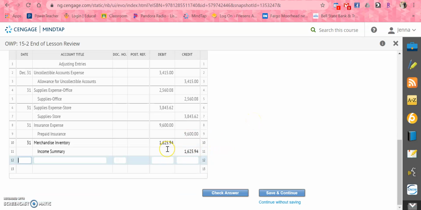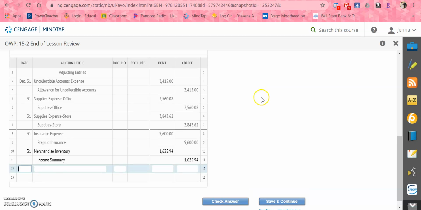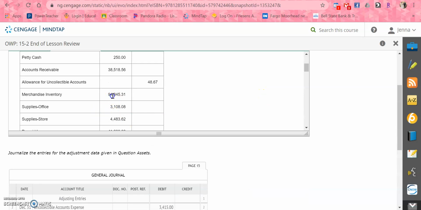Now, here's the thing about this one. I want to make sure that you're paying attention to this. This adjusting entry is not always going to be the same. So please don't just memorize a debit to merchandise inventory and a credit to income summary, because it will be different. In this example, we needed to increase merchandise inventory to make it the ending inventory. In the example at 15-2 lecture, it was the opposite. We needed to decrease merchandise inventory.